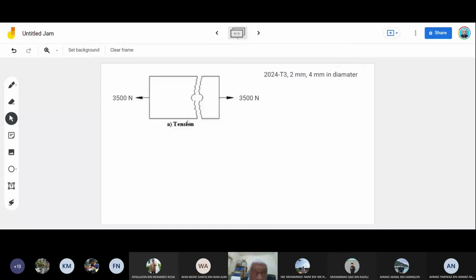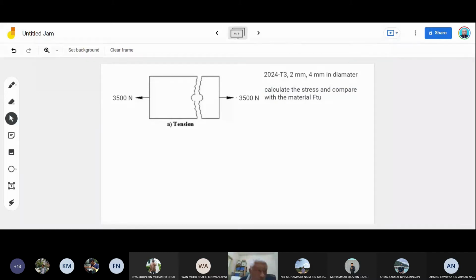Now you want to calculate the stress. What you need to do is calculate the stress and compare it with the material's FTU, the material being 2024.